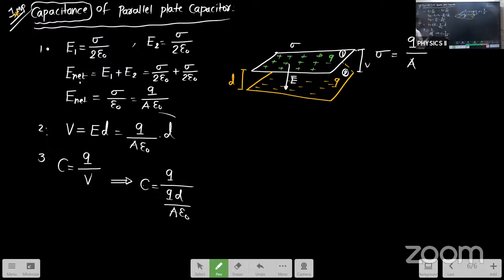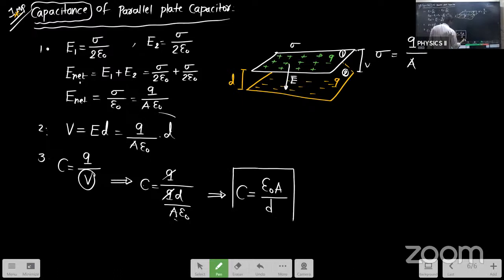We are just substituting the value of V here. So this Q and this Q will get cancelled. Finally, the expression for capacitance of parallel plate capacitor is C is equals to, A epsilon naught will go to numerator, epsilon naught into A divided by D. So this is the expression for capacitance of parallel plate capacitor.